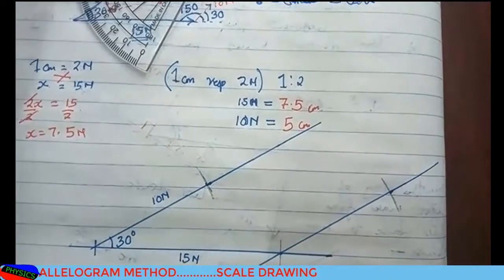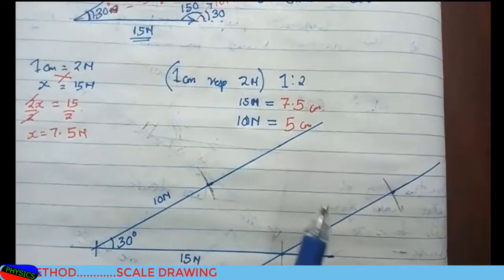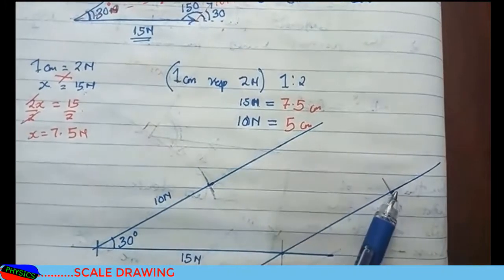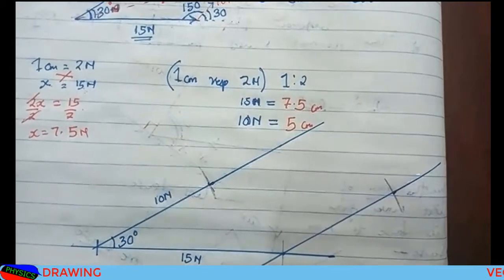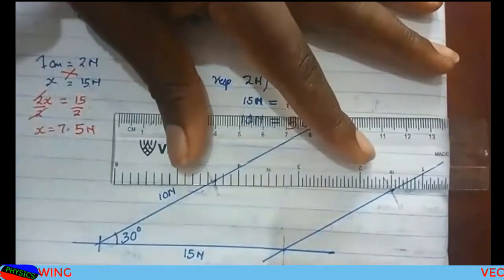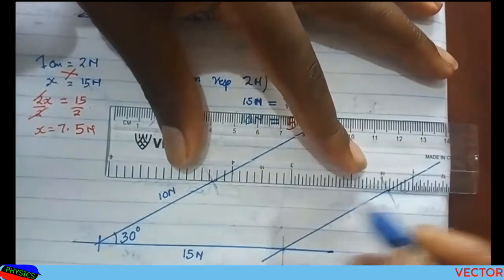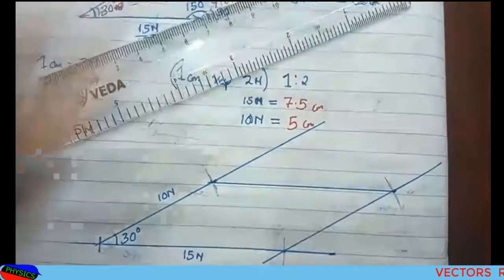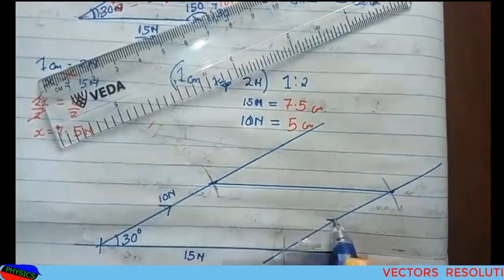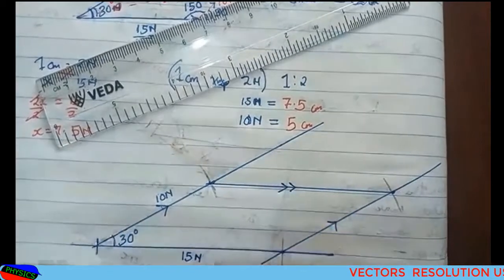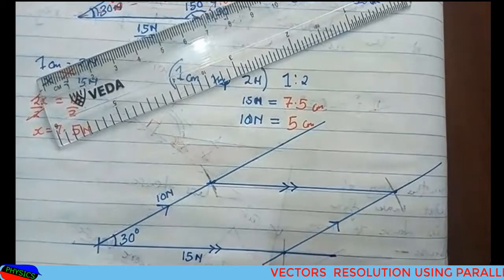So then from this point, I don't have to worry much. I'll just join this point with this other point to make the corresponding vector at the bottom. So then I'll move my ruler to join this mark and this other mark here. So here we go. So then I have these opposite vectors, and this other one. So I have my nice and neat parallelogram.